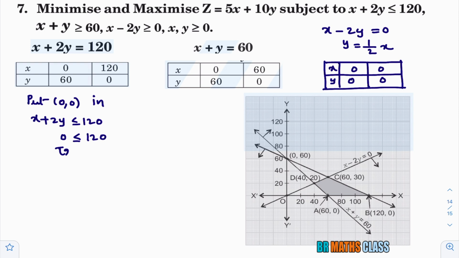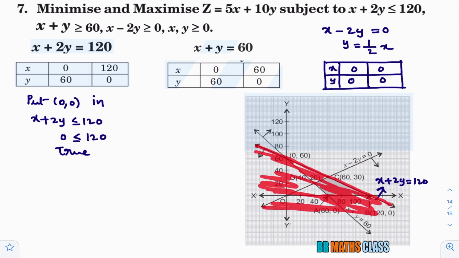Yes, 0 is less than 120. This is true. So which side do we need to shade? For this line, please observe, this is the line. I'll write this line equation: x plus 2y equal to 120. You draw a line like this, and as we got true, we need to shade the origin side.